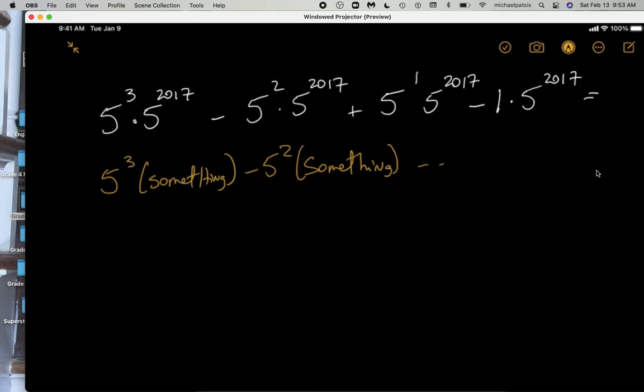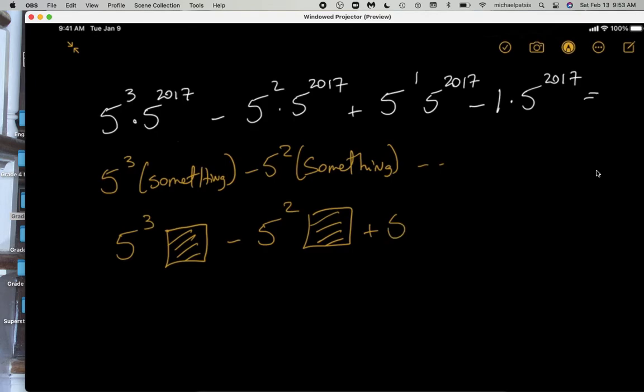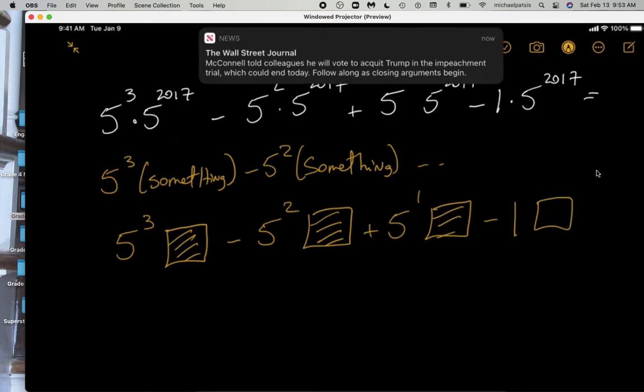I have 5 to the third cinder blocks minus 5 squared cinder blocks plus 5 to the first cinder blocks minus 1 cinder block.